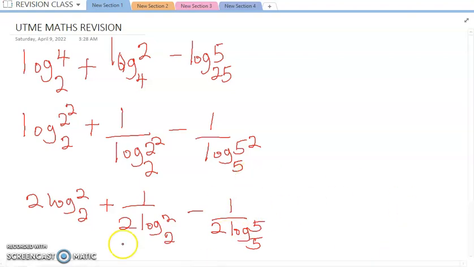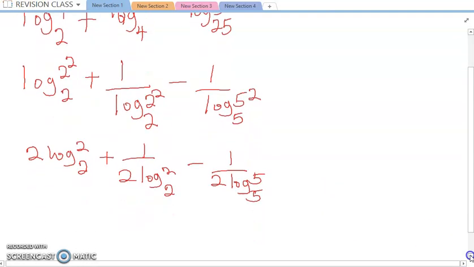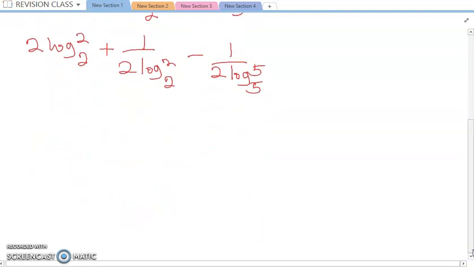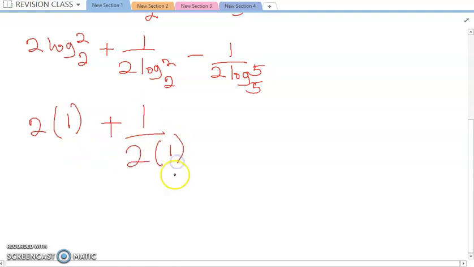So from here now, we can say we have 2 bracket 1, since the number and the base are equal, plus 1 over 2 bracket 1, since the number and the base are equal, minus 1 over 2 bracket 1, since the number and the base are equal.